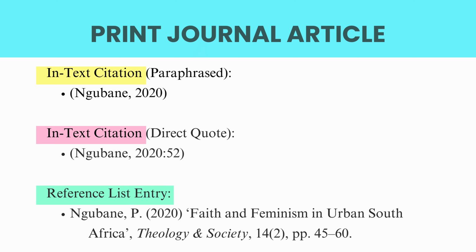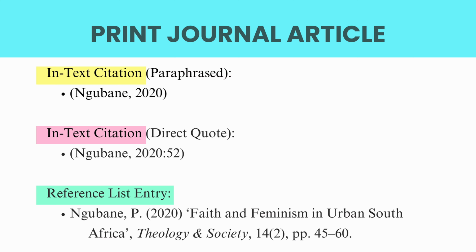And then you put a comma and you put the volume number, which is the number of the volume. In this case, it is this number where it says vol 19. You put the number of the volume, and then you put the issue number in brackets after the volume number, comma.